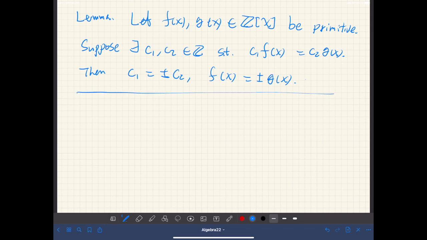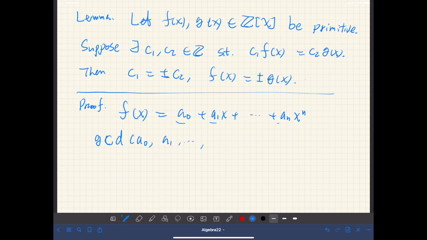Okay, let's prove this. First of all, let f of x be a0 plus a1x plus and so on, an times x to the power of n. Since this is a primitive polynomial, the greatest common divisor of these coefficients a0, a1, and so on, an is equal to 1.